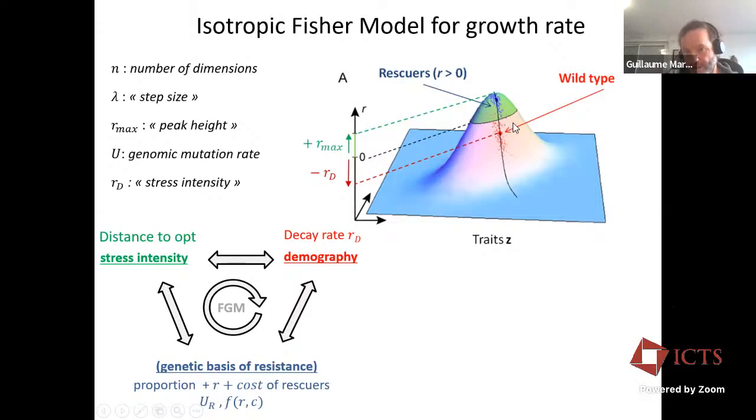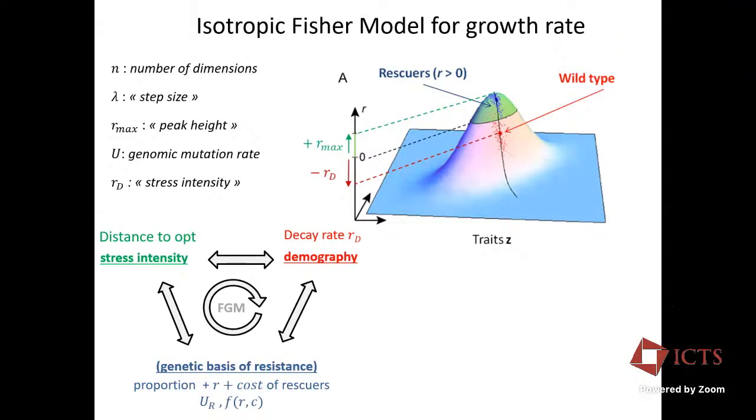Of course, there are fewer and fewer random mutations that manage to be in the green area if this green area is further away from the wild type. So it produces, in one model, the different ingredients we need to plug into our rescue models that depend on a given distribution of cost, of growth rates, covariant distribution, etc.